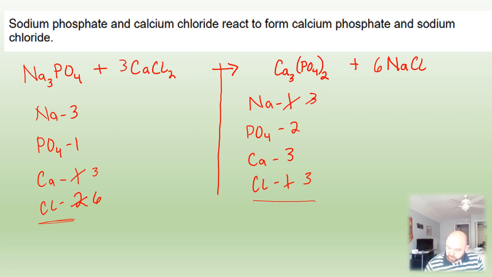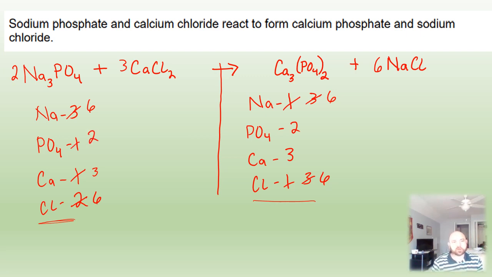Now that means my sodium is 6 and my chlorine is 6. Calcium is 3. And sodium is not balanced. And if I try a 2 here, that leaves me with the 6 sodium atoms I want. It also means I have 2 phosphate ions.